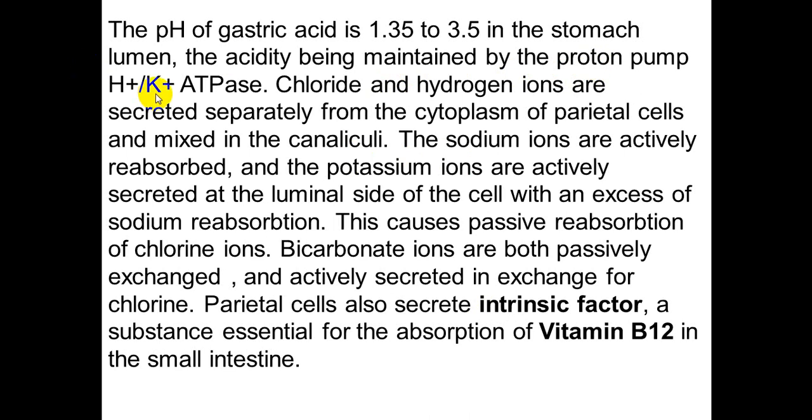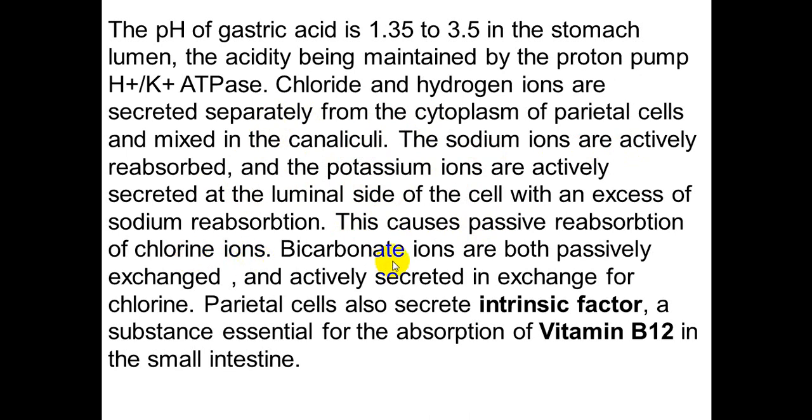potassium ATPase. Chloride and hydrogen ions are separated from the cytoplasm of parietal cells and mixed in the lumen. Sodium ions are actively reabsorbed and potassium ions are actively secreted at the luminal site. This causes reabsorption of chloride ions.